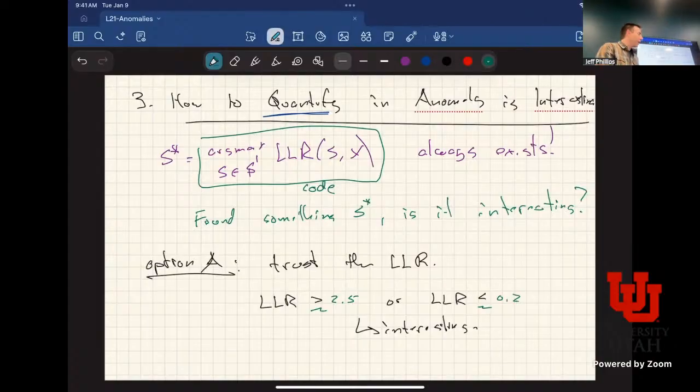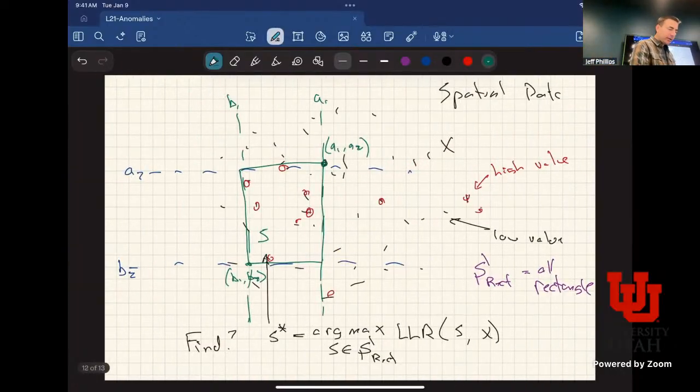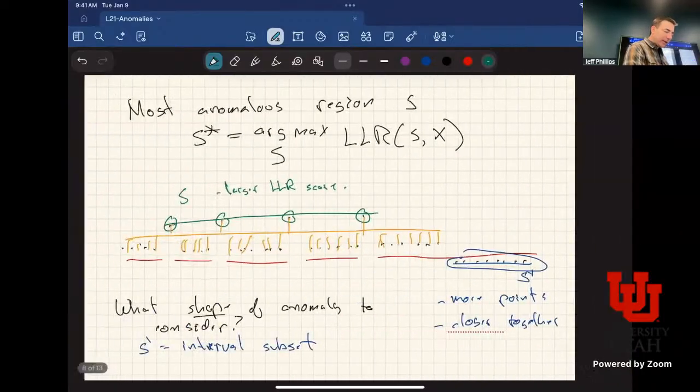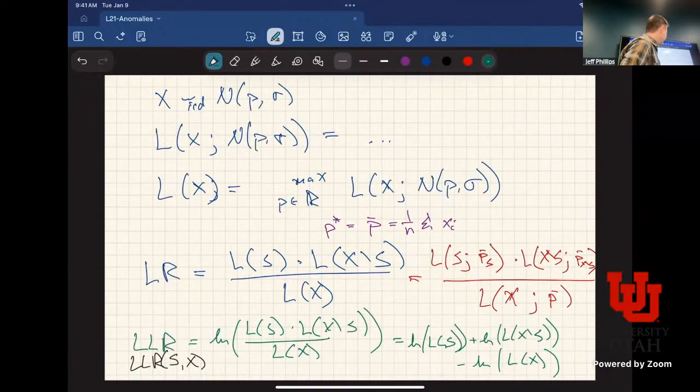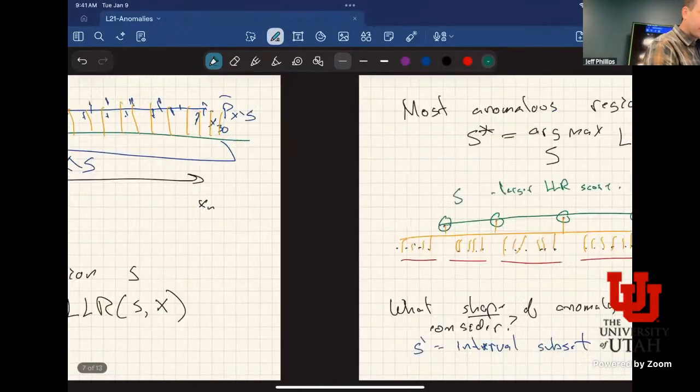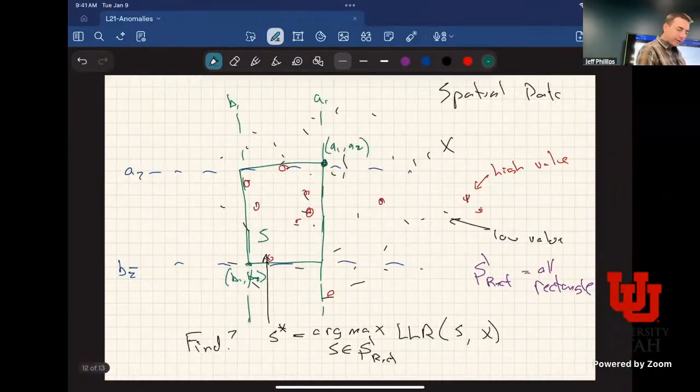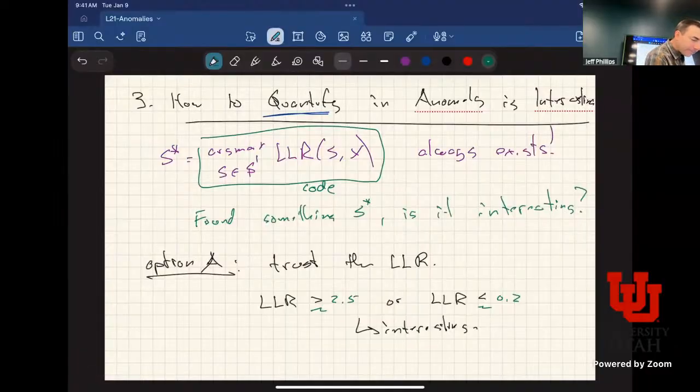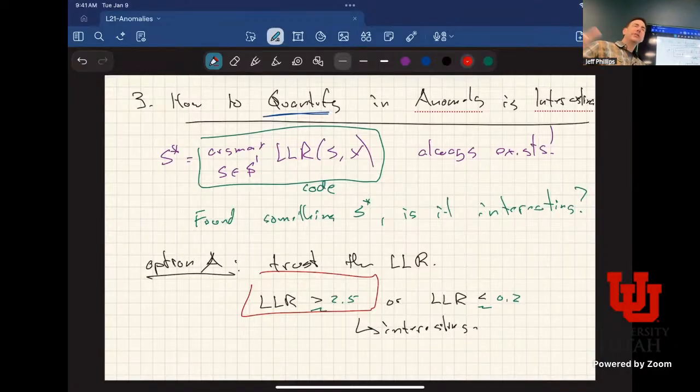So when the log likelihood ratio is, sometimes it should always be positive. The likelihood should always be larger for this model because I'm giving it more power to fit. But sometimes people will swap the two roles of these things and put this guy in the numerator. So let me just say specifically this one. If the log likelihood ratio is bigger than, say, roughly 2.3, 2.5, you can say this is pretty big.